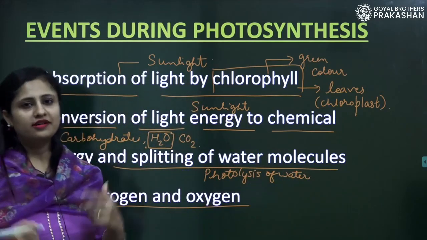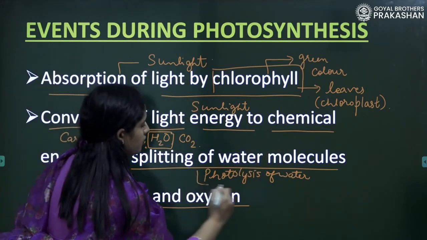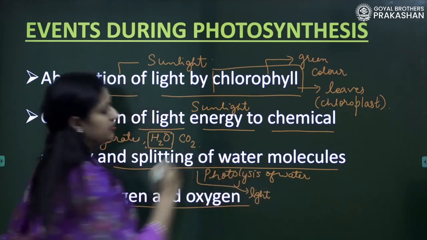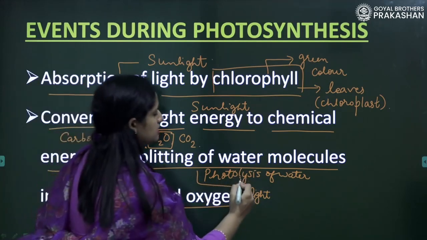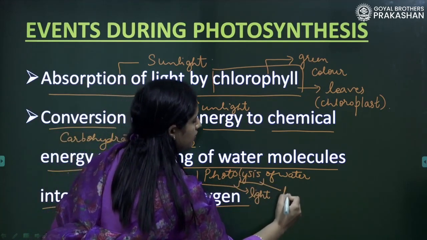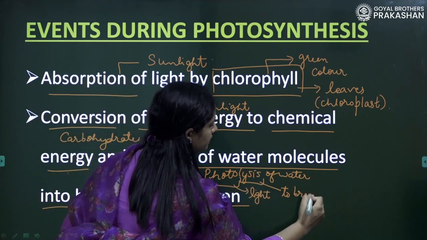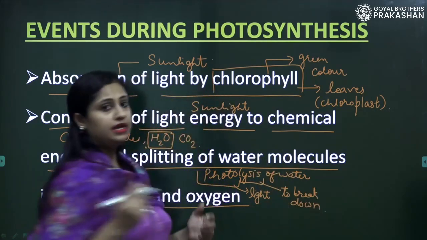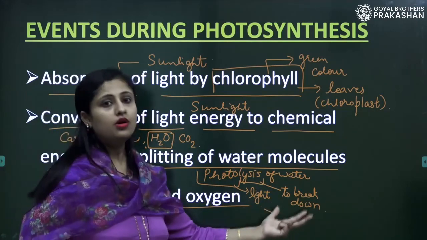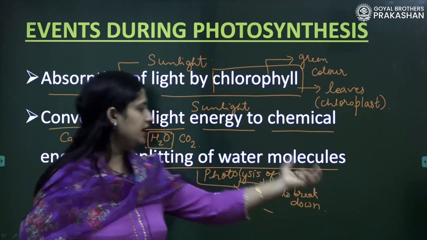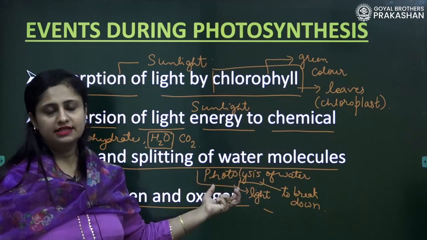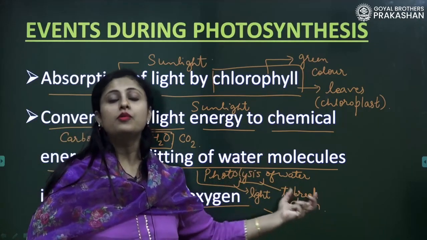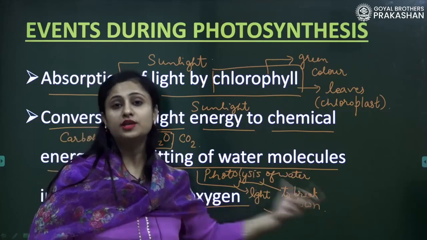Here photo means light and lysis means to break down. It means the breakdown of the water molecules in the presence of light. So basically light helps in the breakdown of water molecules.